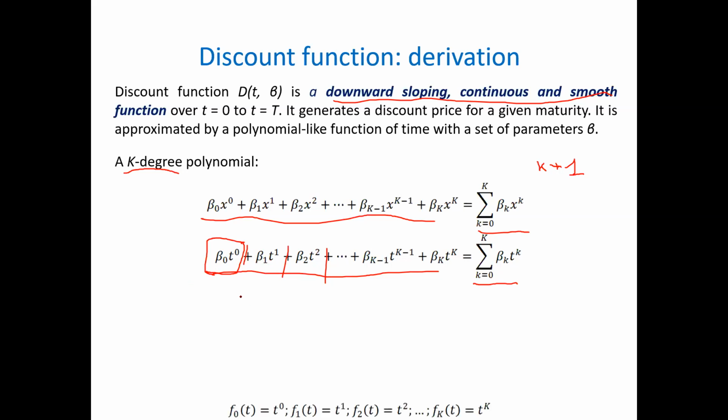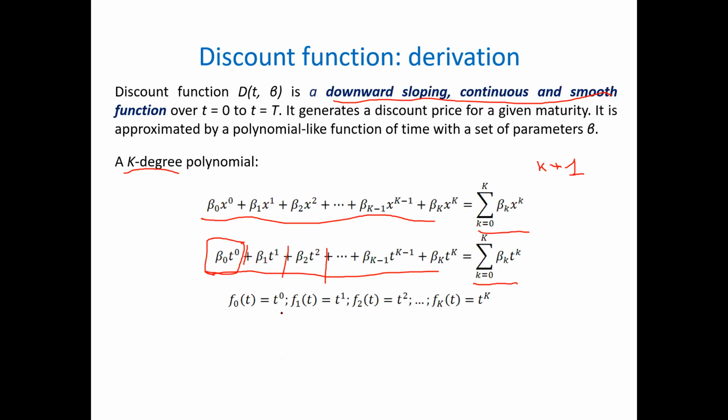But then let's look at t's. What about t's? We have t raised to power 0, t raised to power 1, t raised to power 2, etc. So essentially we have a simple function of time to maturity, that is, time to maturity raised to a certain power, and the power ranges from 0 to k. So how do we call this function in English? T raised to a certain power.